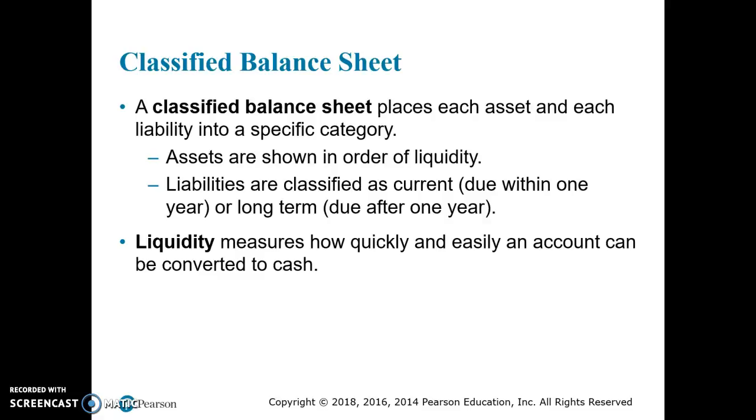Any payables that are due within the year need to be listed as current, and the ones that are due after 1 year would be classified as long-term. You may have a note that's due in 10 years, but you're paying on it every year. Part of that would be current, and part of that payable would be long-term. So you'd have to separate the two out.